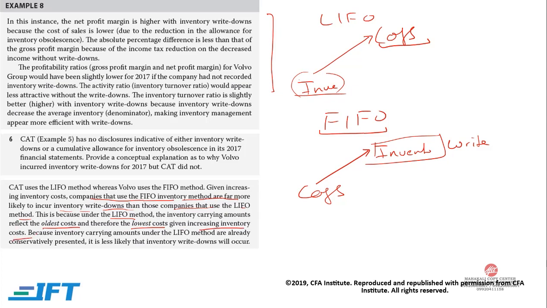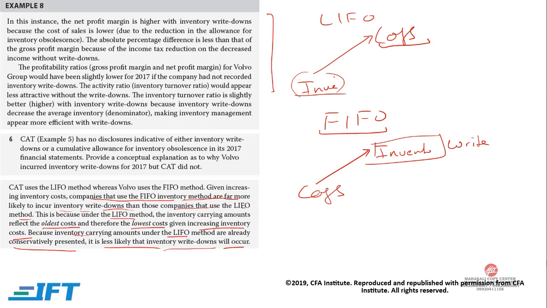Because inventory carrying amounts under the LIFO method are already conservatively presented, it is less likely that an inventory write-down will occur. Again, as we have just discussed, in LIFO inventories are lower, hence they are already low, hence write-down is less likely.